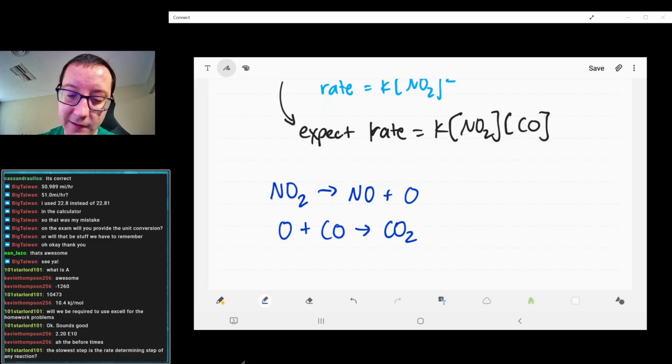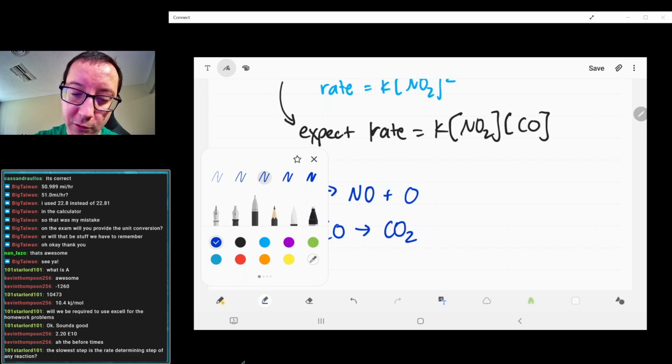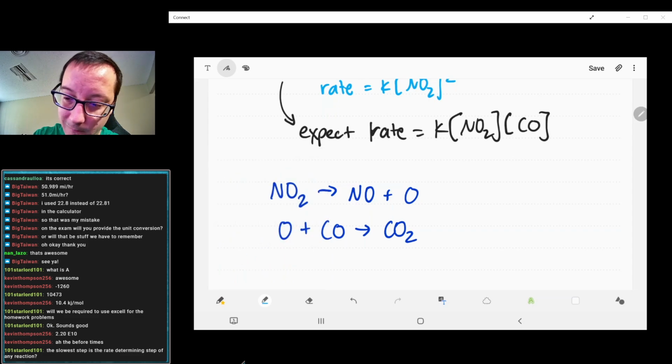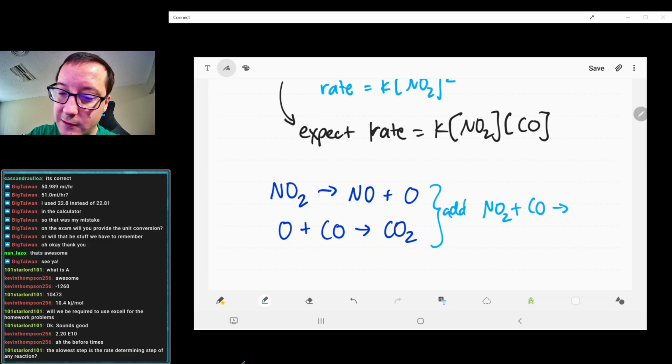If we were to add these up, remember, just like with Hess's law, if we add reactions up, we do end up with NO2 plus CO turns into CO2 plus NO, right?